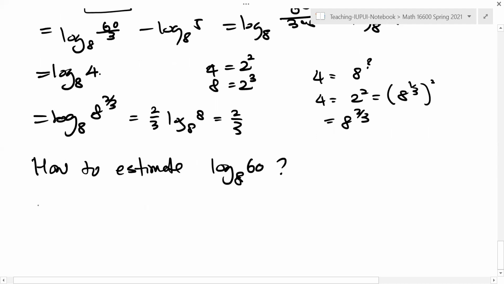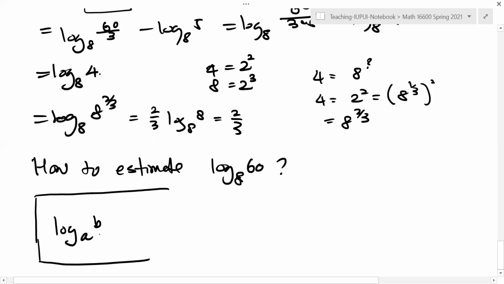There's a very important formula. Very important formula. It says that log of B with base 8 is going to be, you can use any base.